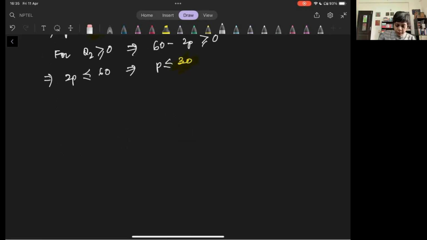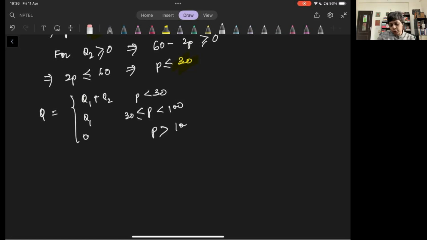So you can say Q is equal to Q1 plus Q2 for price less than 30, Q1 for price less than 100 and greater than or equal to 30, and 0 for price greater than or equal to 100. Okay, this is what it means.